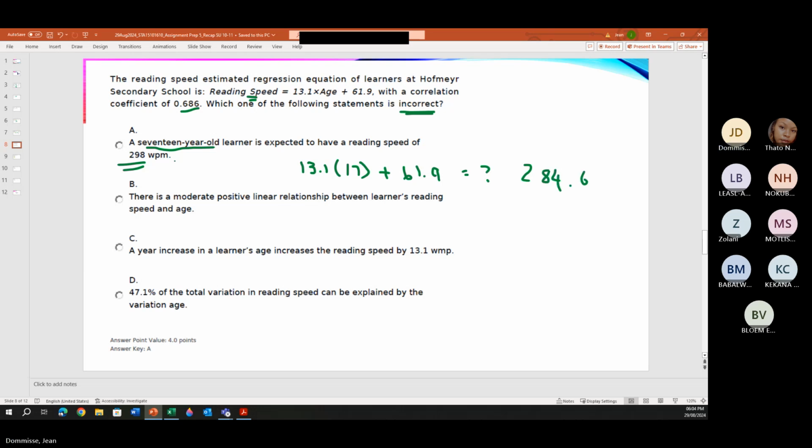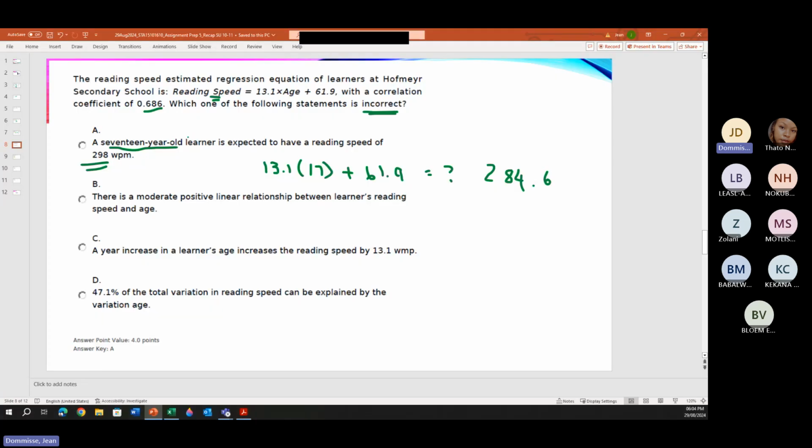So it is not the 298 that they said, so obviously that one is incorrect, and we wanted the incorrect one. So in the exam, you will pick that. Don't worry about the rest. Go on to the next question.